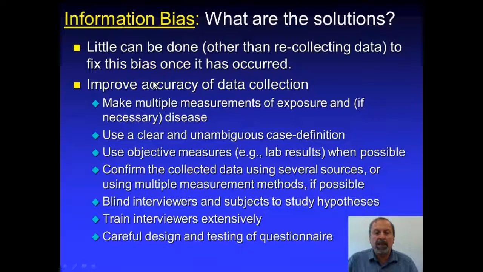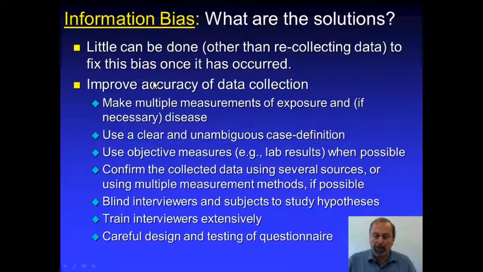So various things, you really want to improve the accuracy of the data collection. So you may be able to make multiple measurements of exposure rather than just a single snapshot of exposure. You may be able to get exposure measures on different days, and in some instances it may be useful to measure health outcomes, such as multiple measures of blood pressure, for example.